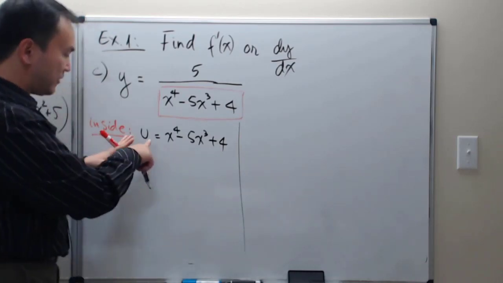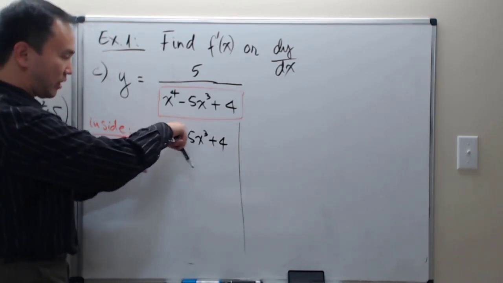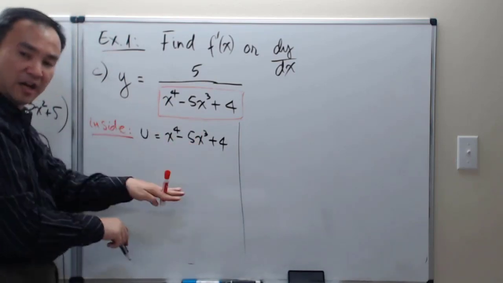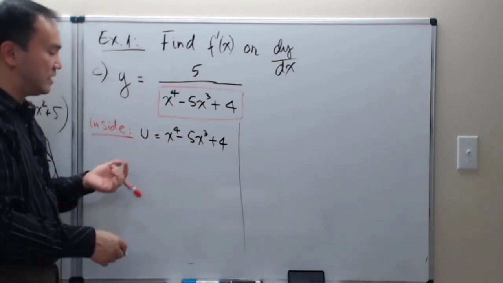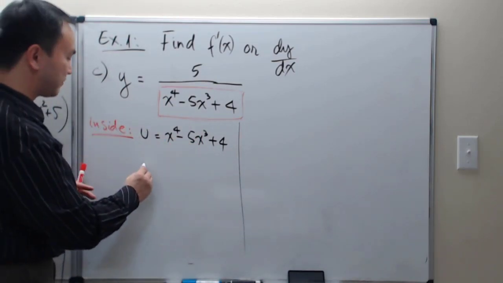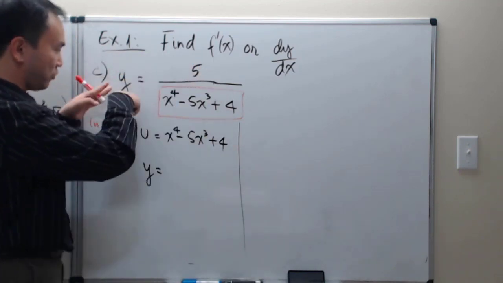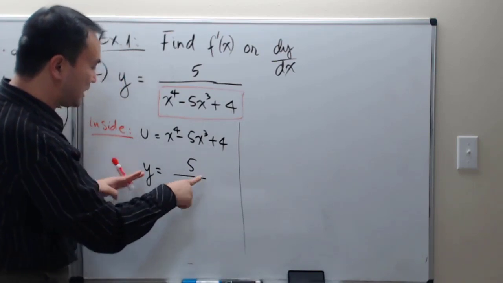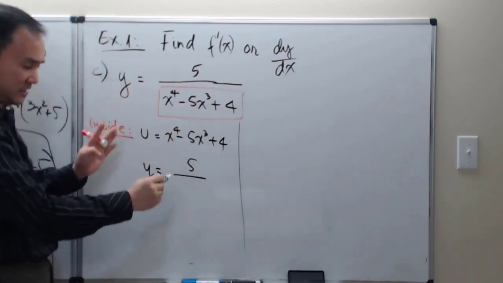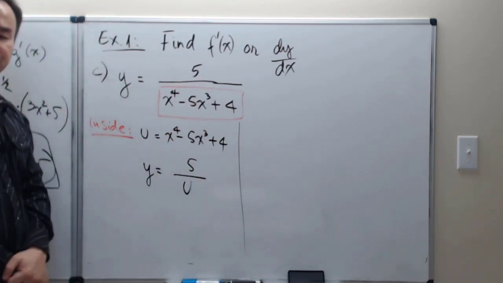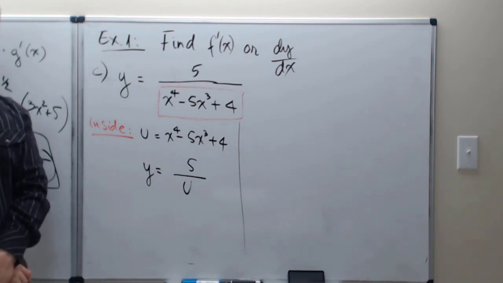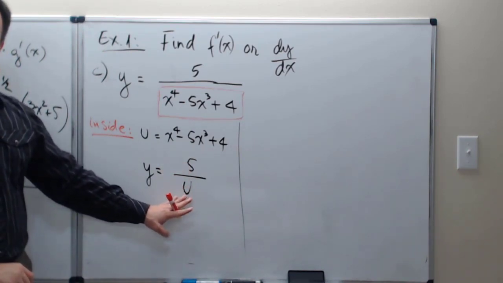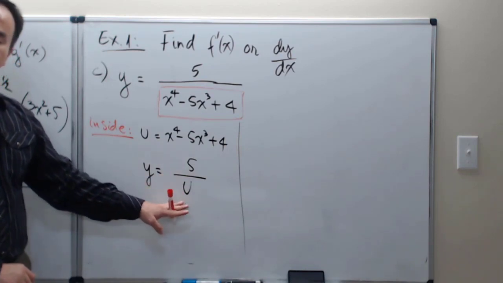If u equals that entire expression in the denominator and it is substituted by u, then consequently the entire y variable is now equal to 5 over, instead of the whole ugly looking thing, just simply u. y equals 5 over u, and no other x variables remain here.